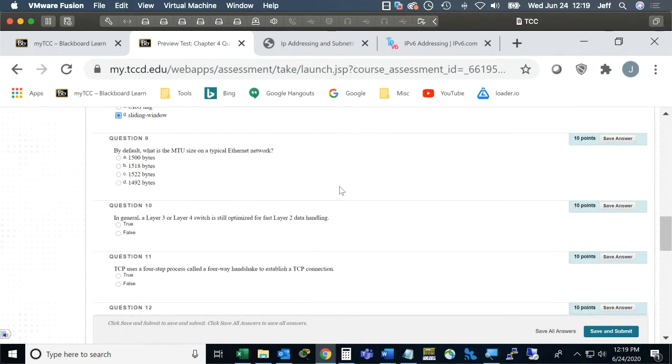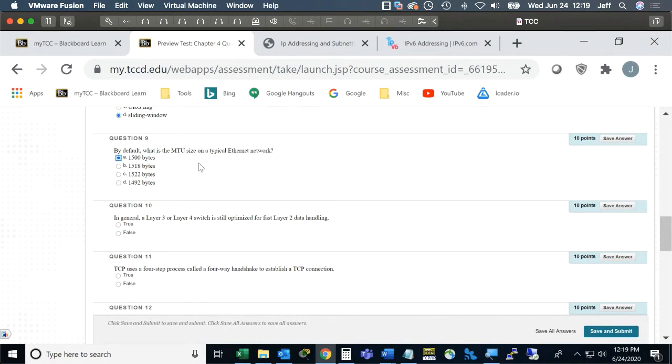By default, what is the MTU size on a typical Ethernet network? Right.